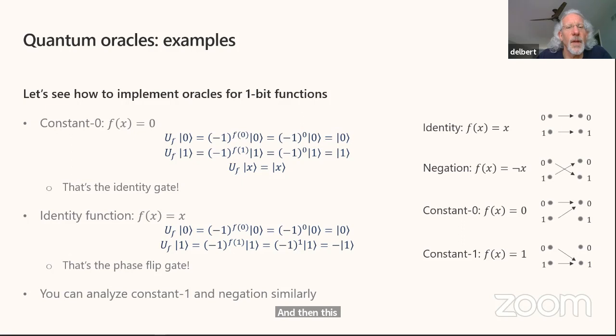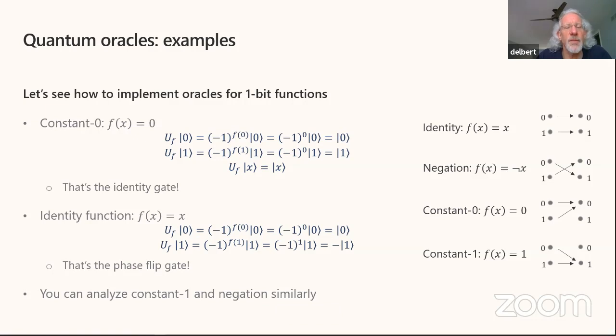This time though, if we take 1, f of 1 is also 1. So -1 to the first power is, I'm sorry, it's -1. And so that gives you the negative ket 1. And this, of course, was the phase flip gate that we showed earlier. So the oracle that reflects the identity function is the phase flip gate.